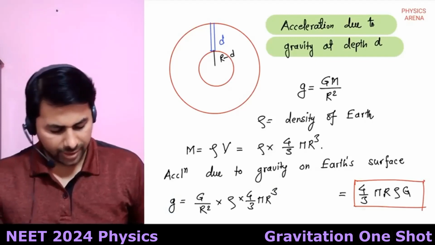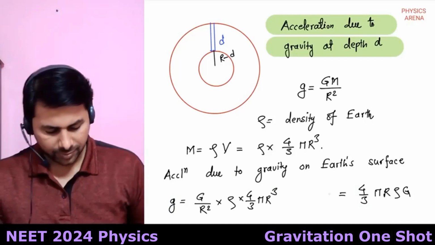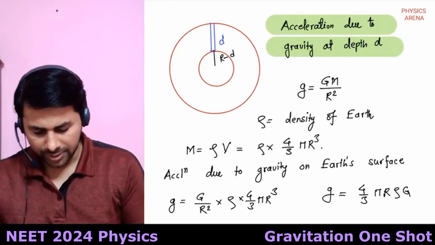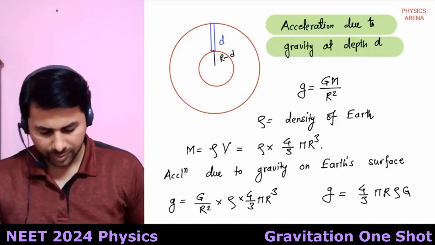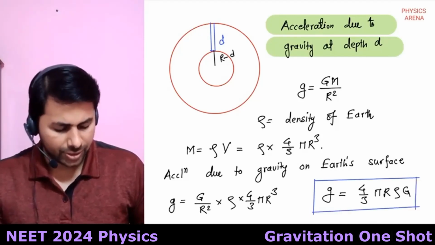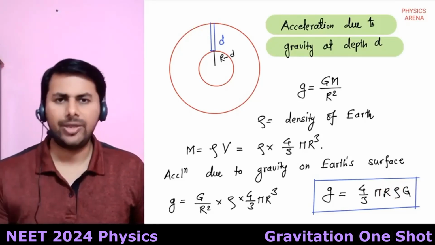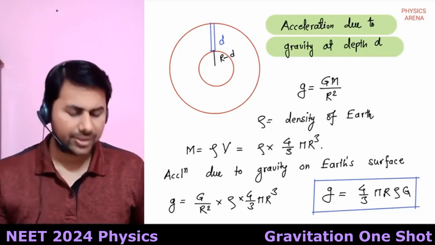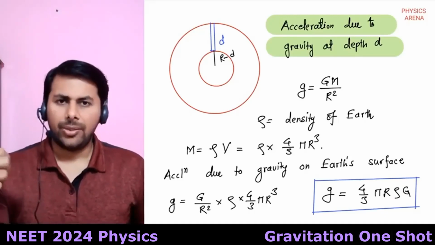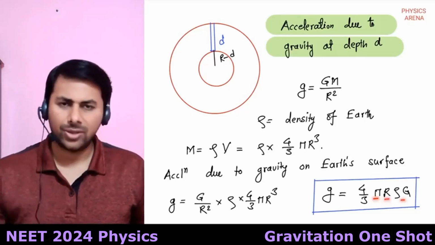Acceleration due to gravity in terms of density is given by this formula, 4 by 3 pi r rho G, where r is the radius of earth and rho is the mean, average density of earth. For any planet, you can say the acceleration due to gravity in terms of density will be 4 by 3 pi r rho G.